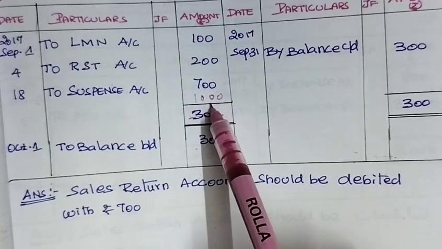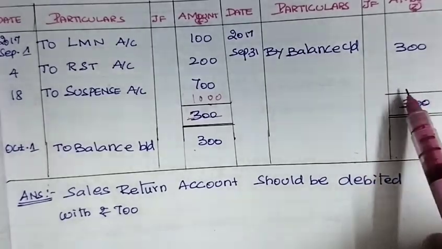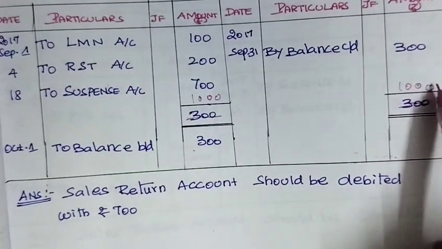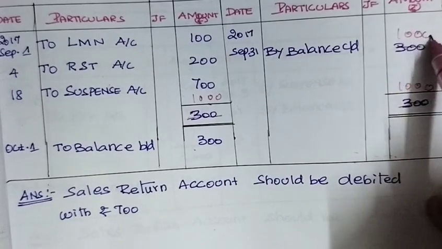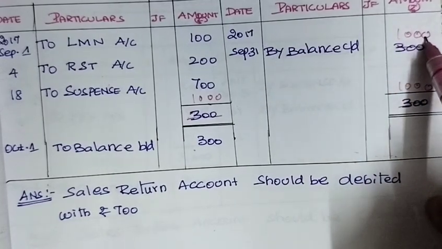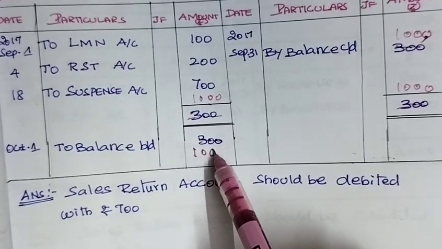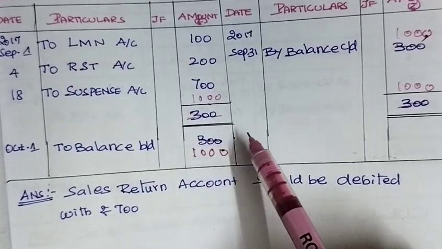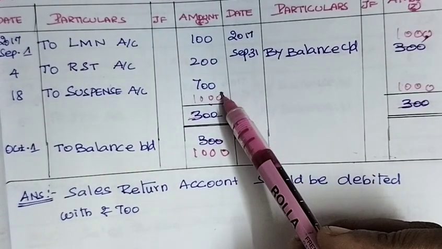Here the closing balance also changes, the total will be changed, the closing balance will be changed. Okay, we have added that 700 rupees here, then the opening balance will also change. Now the error will be rectified.